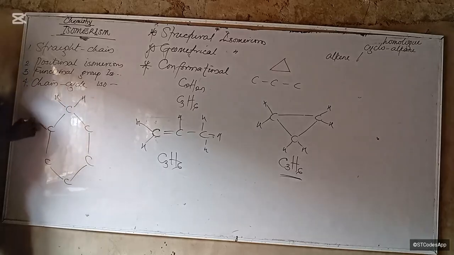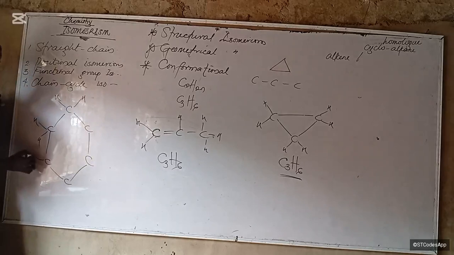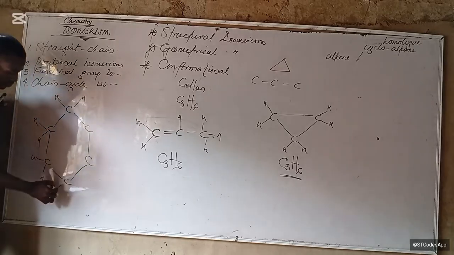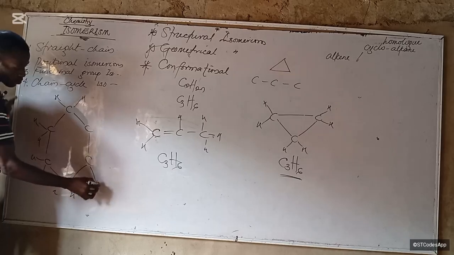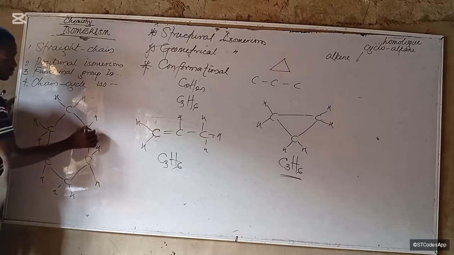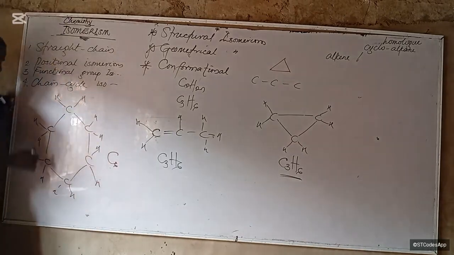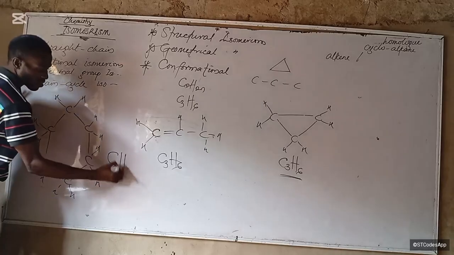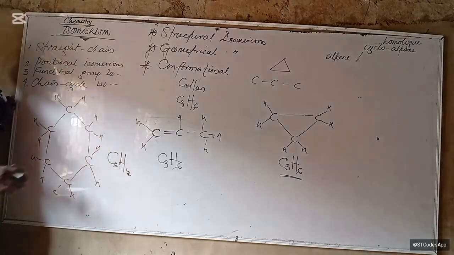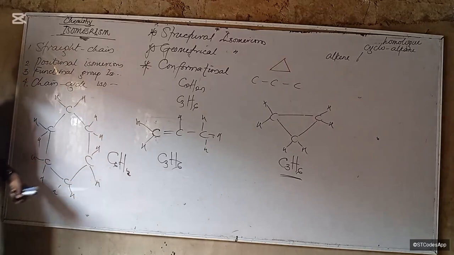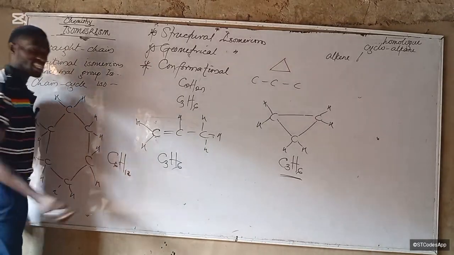By the time you count all of these, you're going to have 6 carbons and 12 hydrogens, and that's just the molecular formula of hexene too.